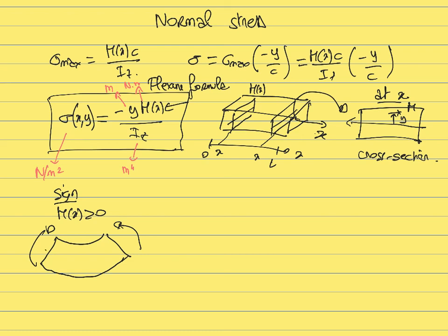Based on this, what this formula tells you is that when y is positive, then since the internal moment is positive and since the moment of inertia Iz is always a positive quantity, then necessarily sigma is going to be negative, which means that the top is under compression in this case.